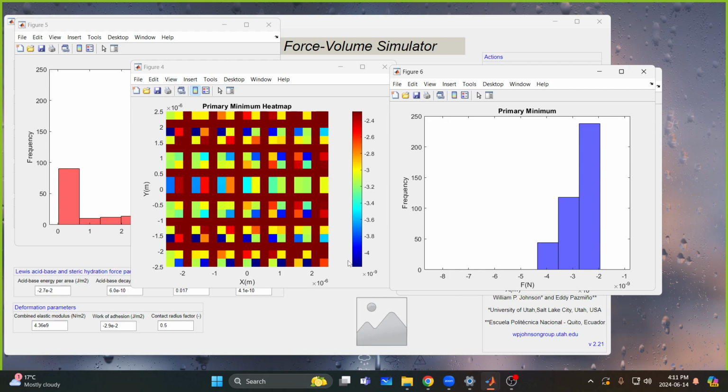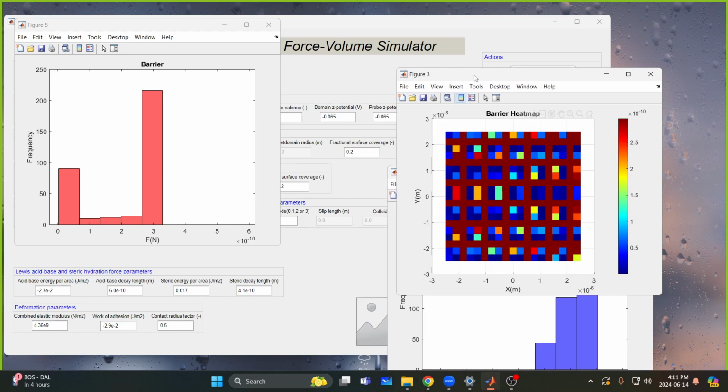That'll shift depending on your conditions, but in this one, it's anywhere between 2 to 4 nanonewtons attraction, right? Negative values are attractive. So you can see that distribution among all of those locations, the 400 locations that were assayed.